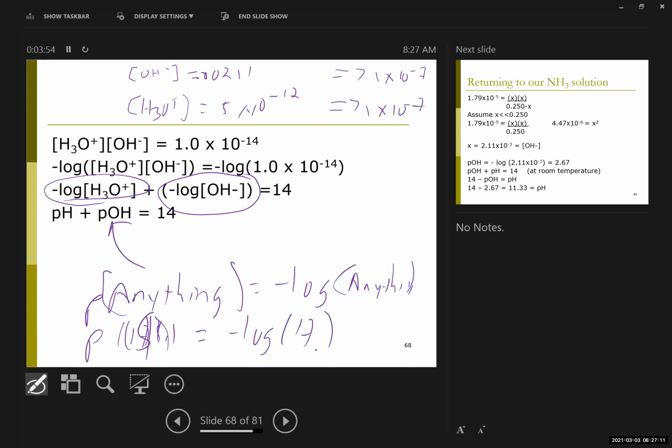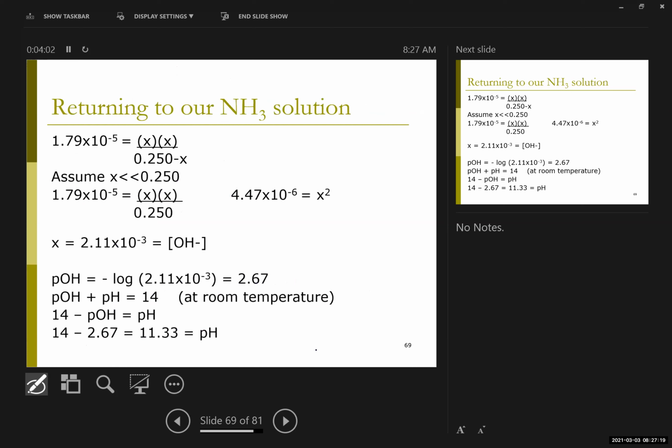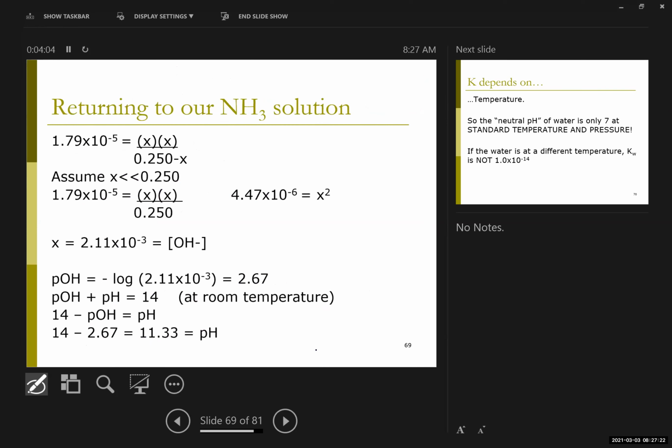That gives me a shorthand to avoid solving the second equilibrium problem. I had, from the first equilibrium problem, the concentration of hydroxide. Again, the sum of the pOH and the pH should be 14. And so rather than go through and solve the entire ice chart, not that that took me a whole lot of time, I can very quickly calculate the pOH.